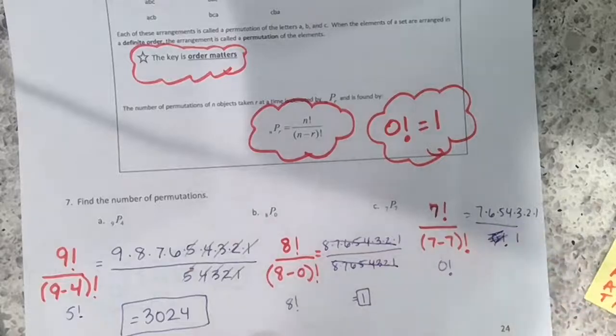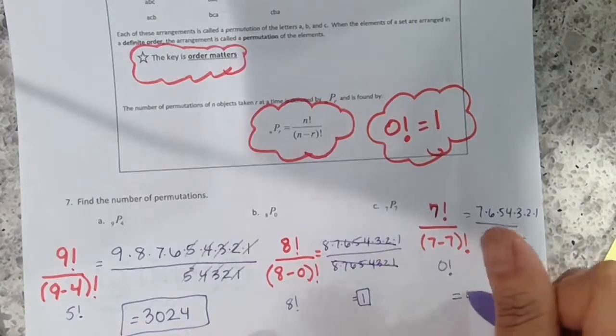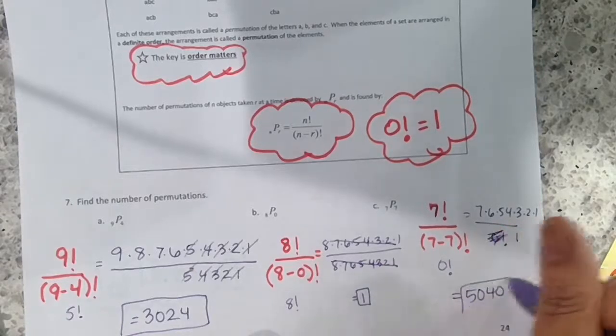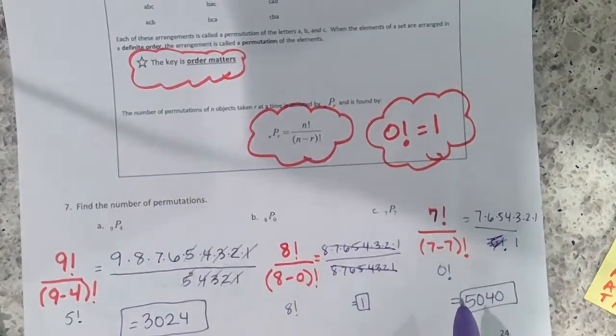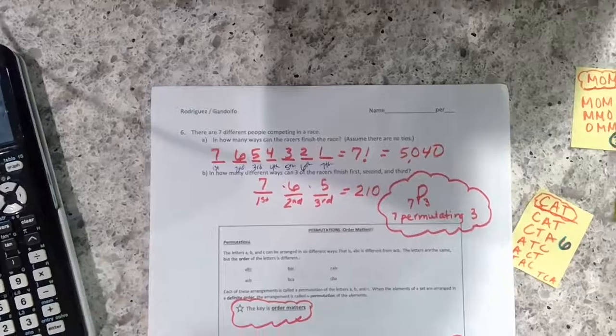So this is actually just 7 factorial, and it is 5,040. 7 permutating 7 is this problem right here.